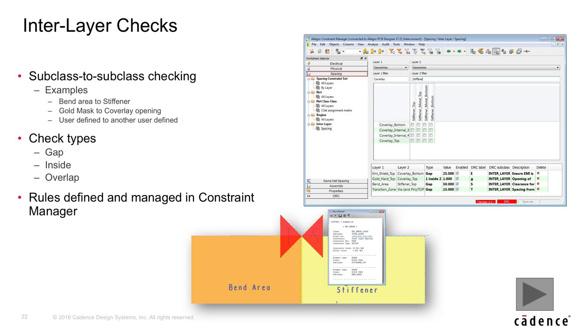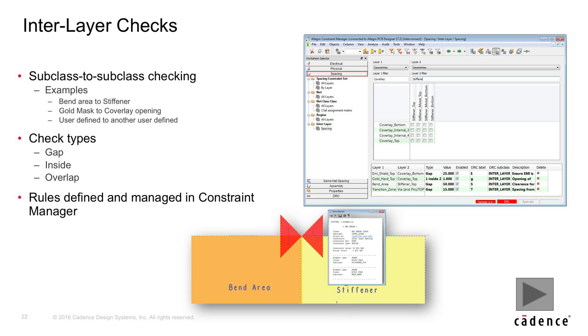And it can be beneficial to have some type of a check to make sure that all my gold is exposed in my cover lay, or I may have some requirements to keep bends away from stiffeners to prevent stiffeners from peeling. A set of rules would really be nice to have to prevent errors from occurring in that space. Allegro 17.2 introduced interlayer checks where I can now check those particular mask layers against each other.